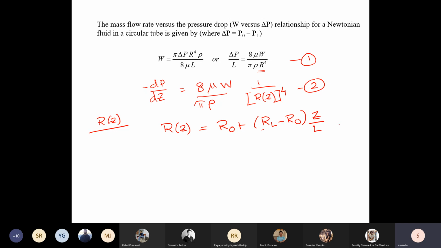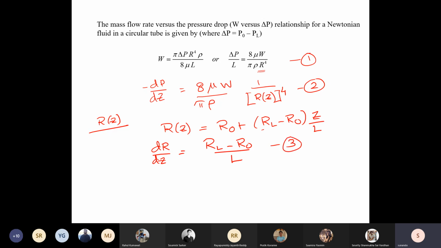So it's a linear variation. If we assume that, then the variation of radius can be written this way, and therefore dR dz from this equation would simply be (R_L minus R naught) by L, which I call my equation 3.